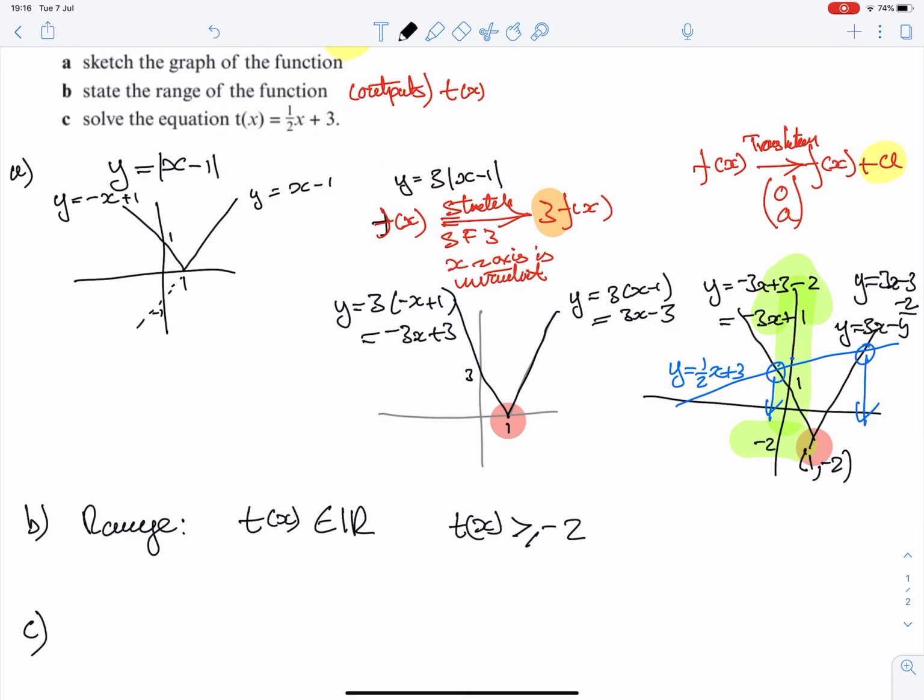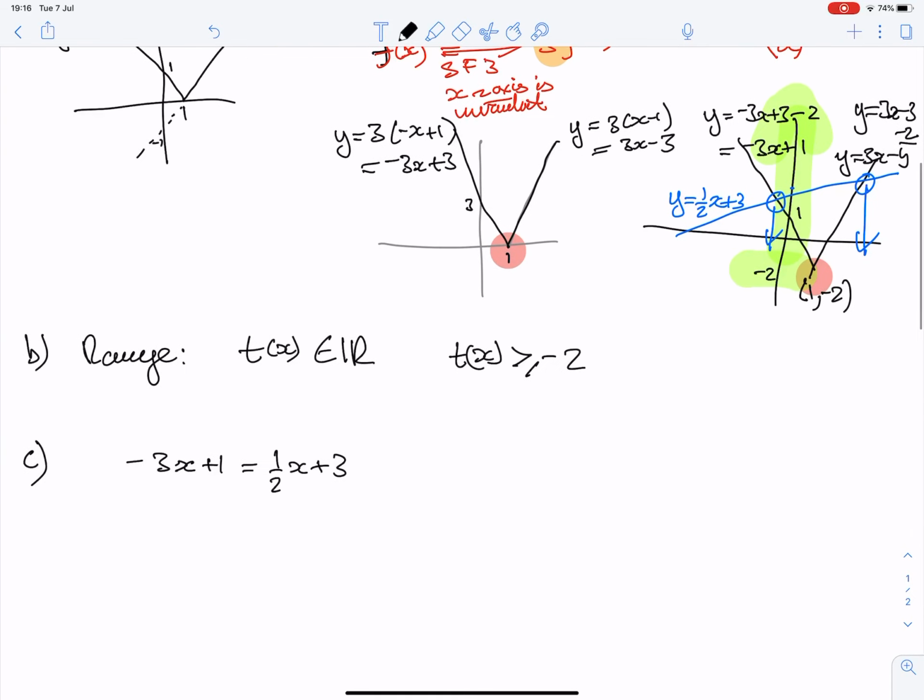So if we look at this left-hand one, that's the intersection of the line half x plus 3 and y equals minus 3x plus 1. At the point of intersection, the y values are the same. So we can write minus 3x plus 1 is equal to a half of x plus 3 at that point.